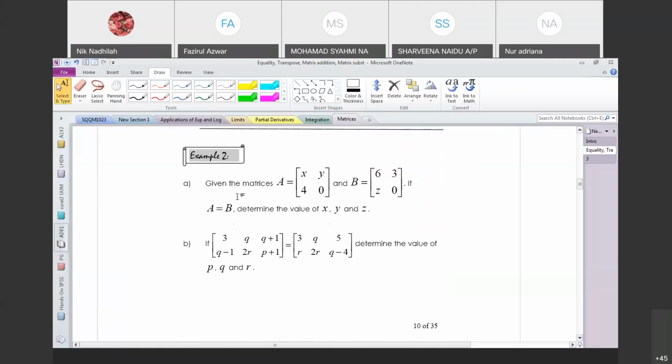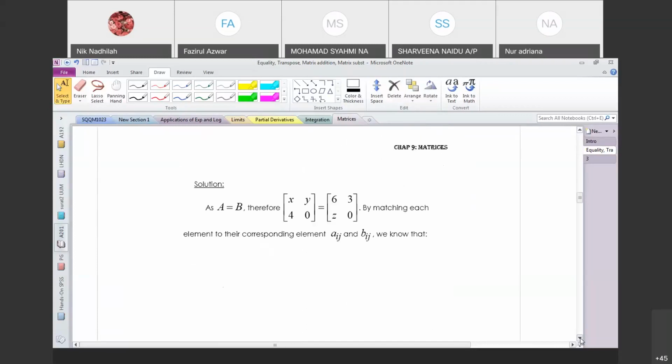Given the matrices A and B, if A is equal to B, determine the value of X, Y, and Z. And also you can do B, because it is given that the left matrix is equal to the right matrix. Basically we understand equality of matrices. What's left for you is to do some exercise questions on that.